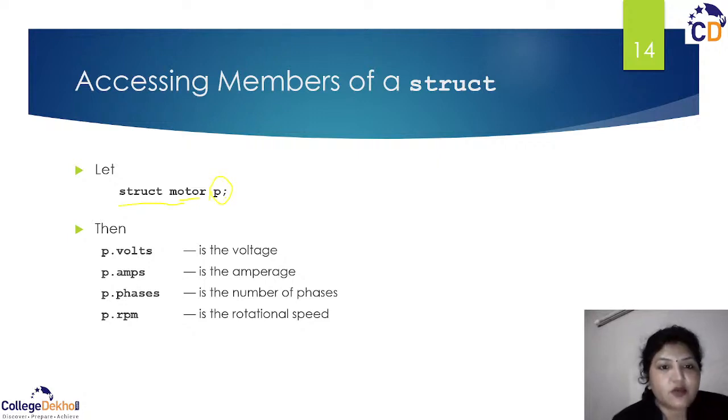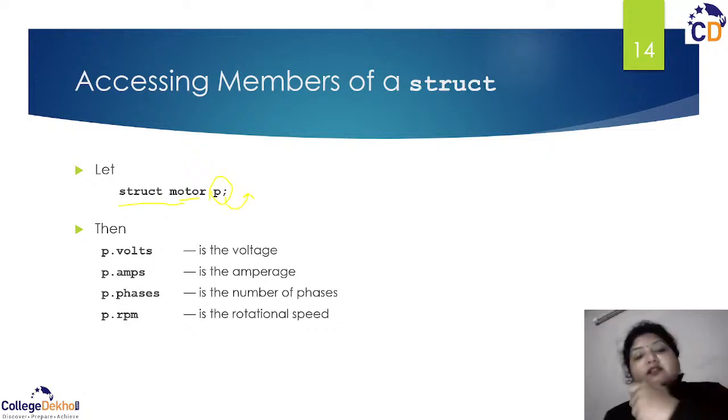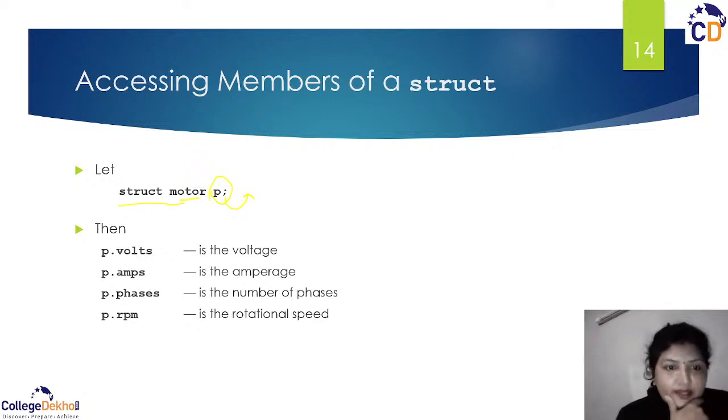Now this p is going to access all the member variables of the structure motor. So p dot volts is the voltage, p dot amps is the amperage, p dot phases is the number of phases, p dot RPM is the rotational speed.